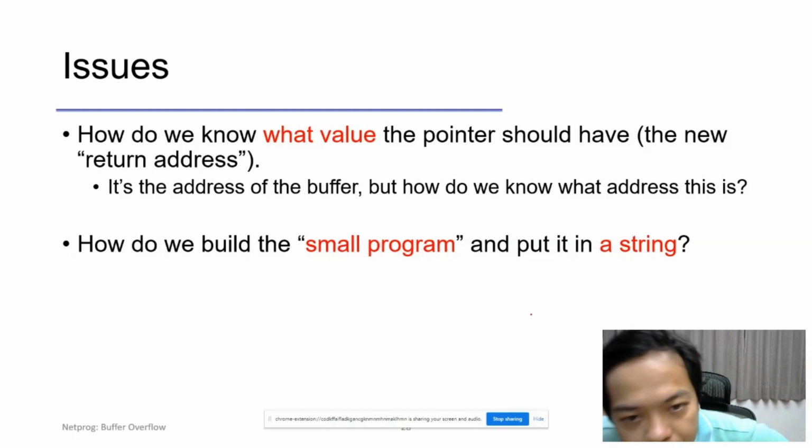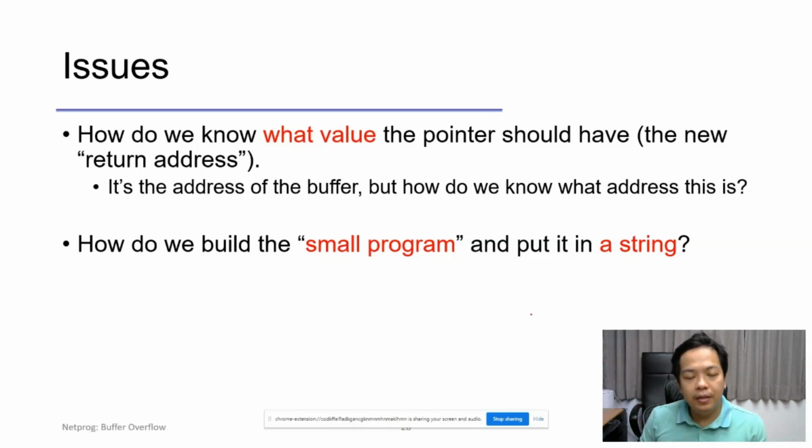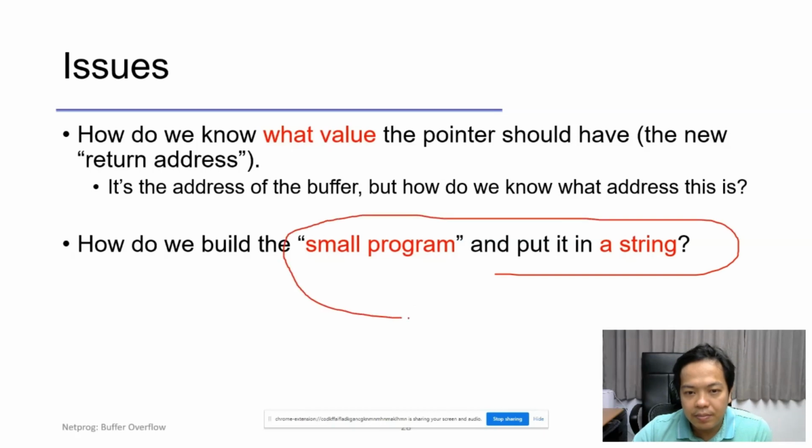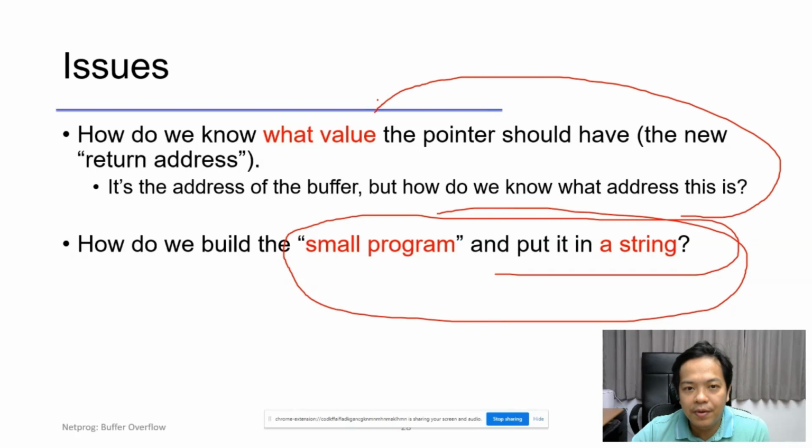Okay, so back to the core question. We cannot put a very long string, and we know the length. So we build the program and explore what value the pointer should have, and how we build a small program and put in a string.